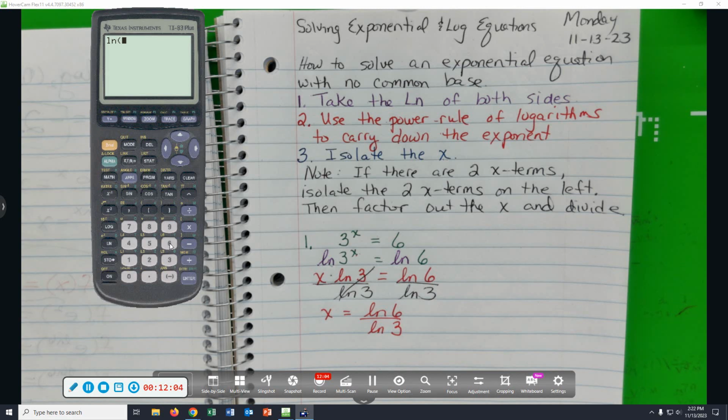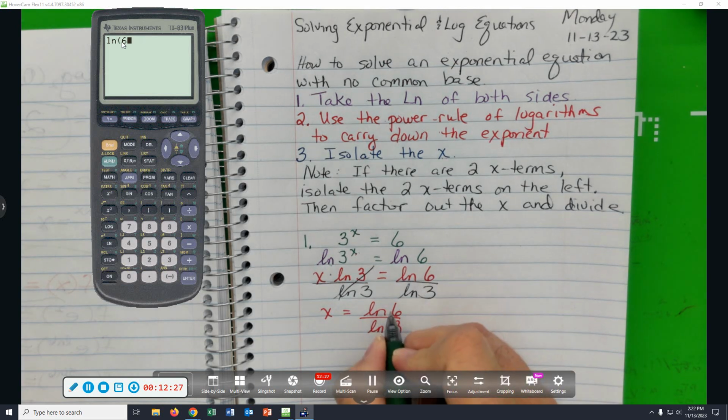I believe on Wednesday, there were a couple of problems, problems 18 and 19, where we were punching in stuff like this. And I said, okay, if your calculator opens parentheses, you've got to close them.